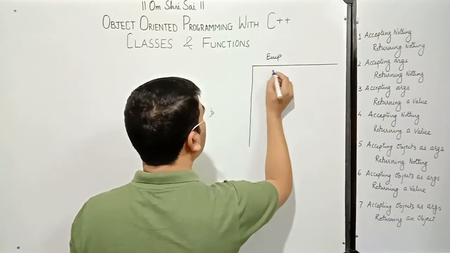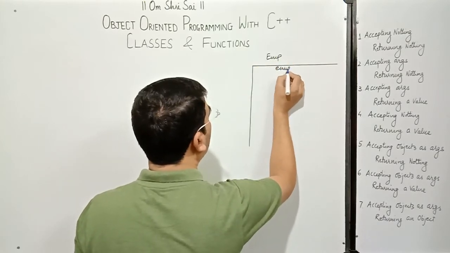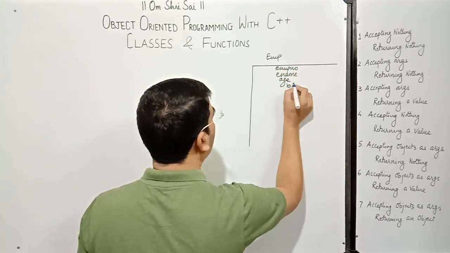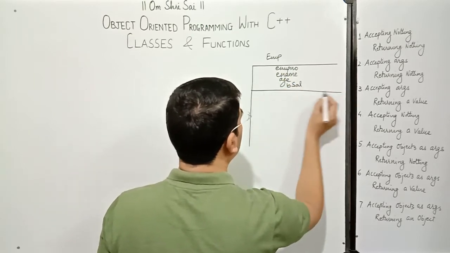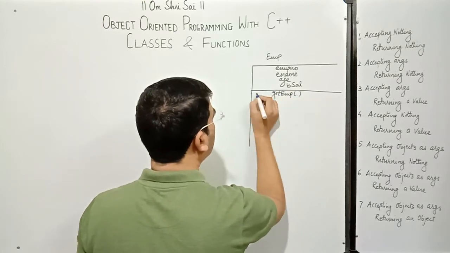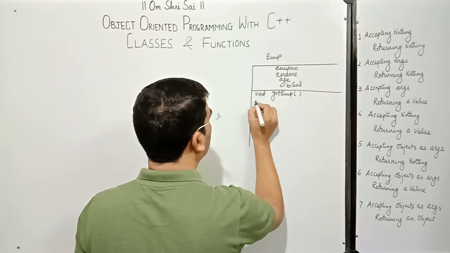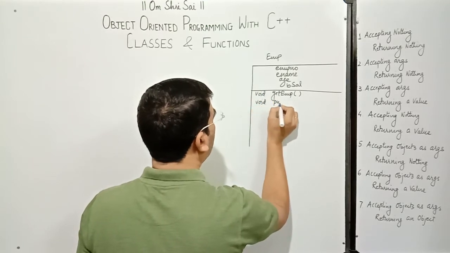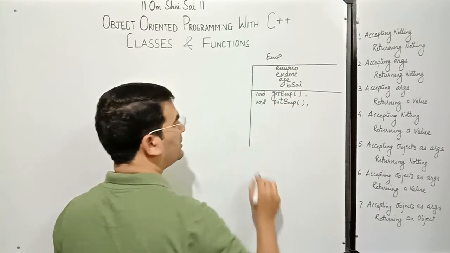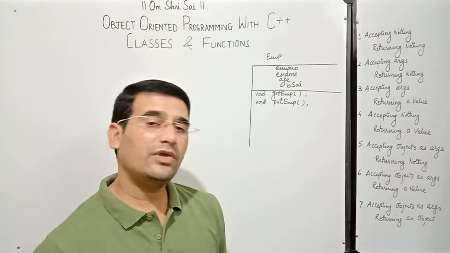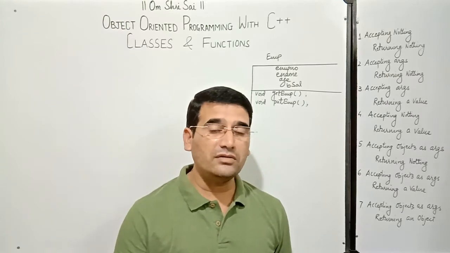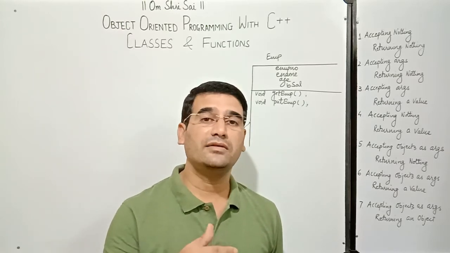We will be having members like EMPNO, ename, age and bcell with required member functions getEMP to get the information of EMP, then putEMP to print the information of EMP, and a member function compareBcell, which will compare the basic salary of two employees and will return the object having higher salary.